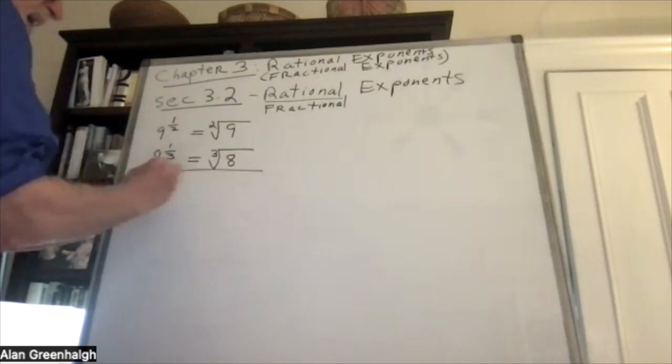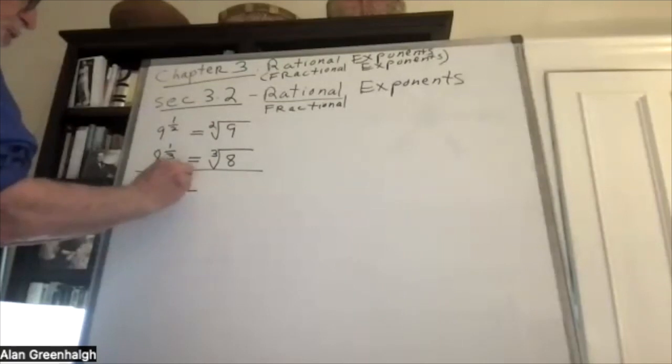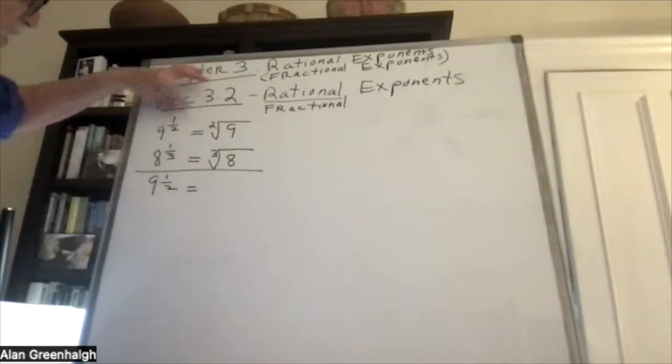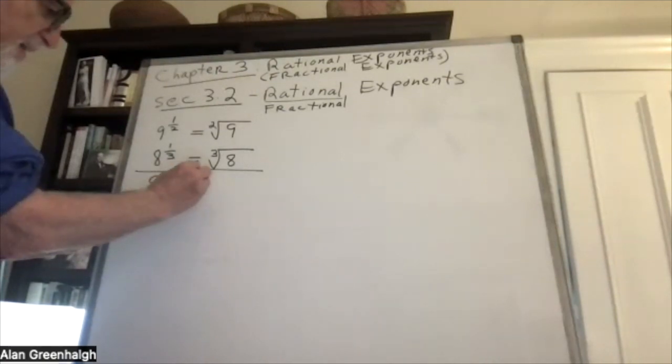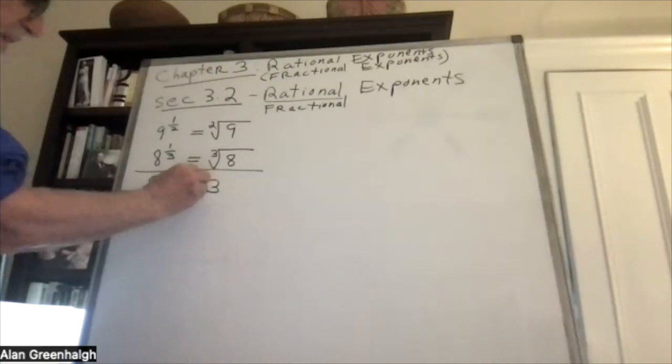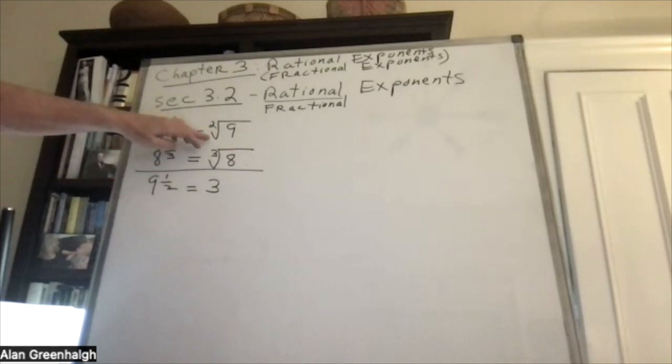So if you get a problem like 9 to the 1/2, you don't have to change it to this. You could simply say that this is equal to 3. The square root of 9 is equal to 3. It's just another way of writing the square root of 9.